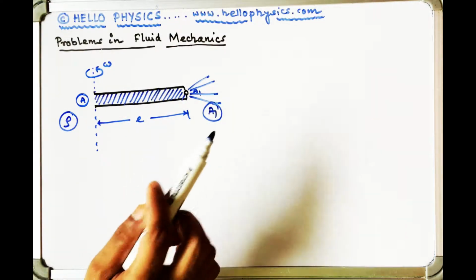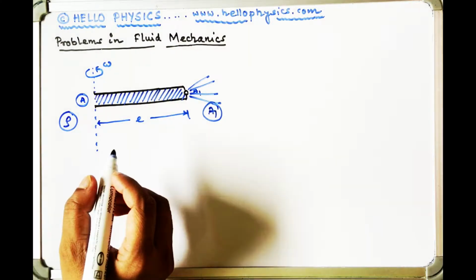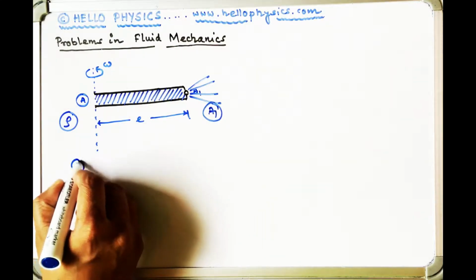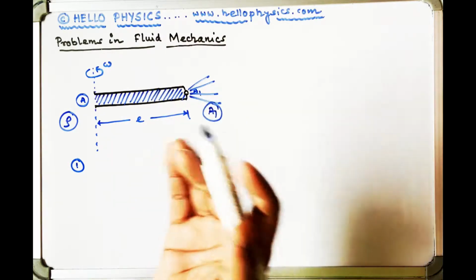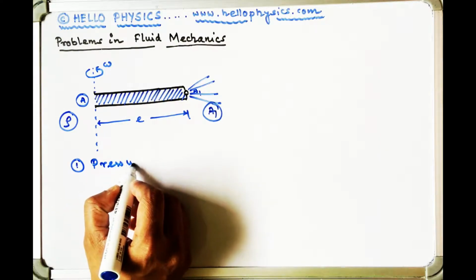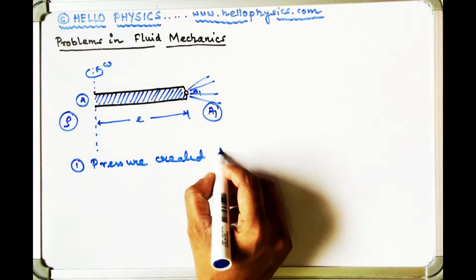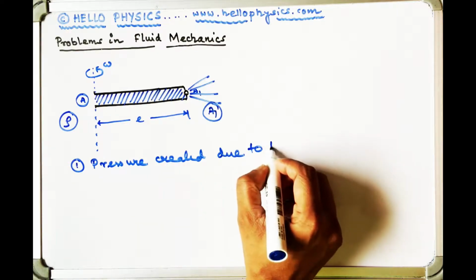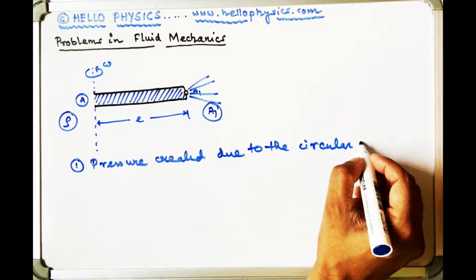With this information, what you have to do is, number one, find out what is the pressure created by this angular movement, the pressure created due to the circular motion of this pipe.